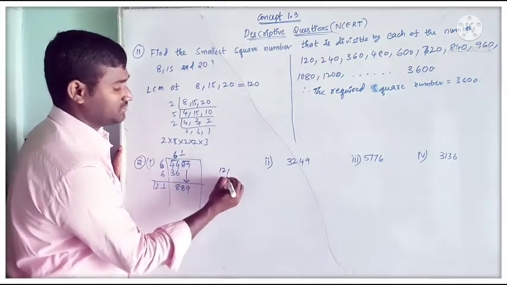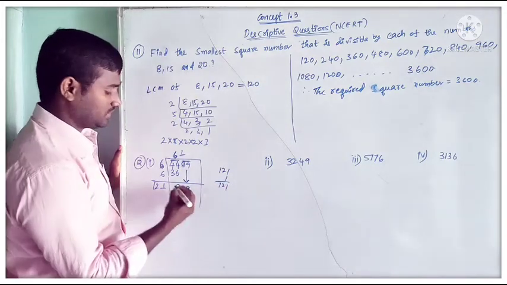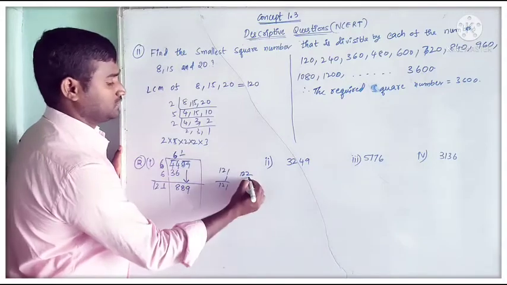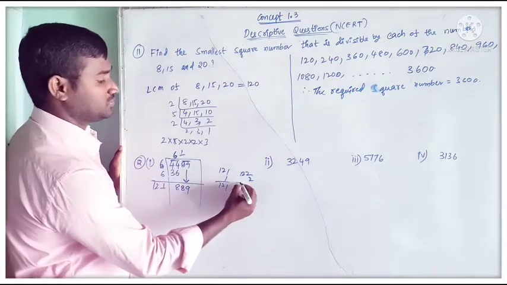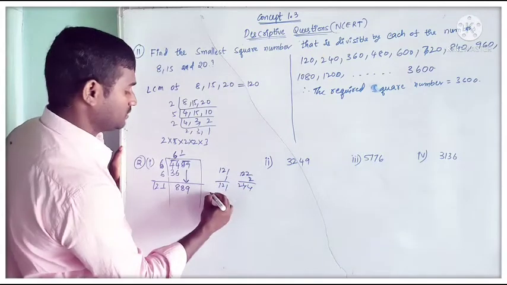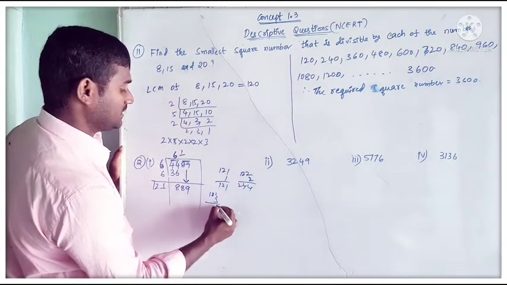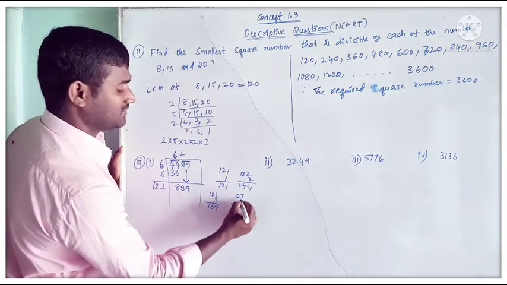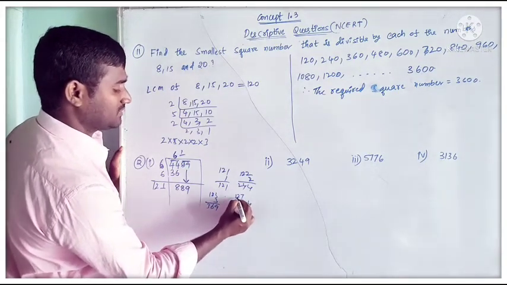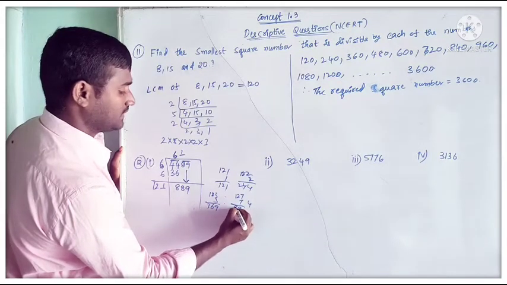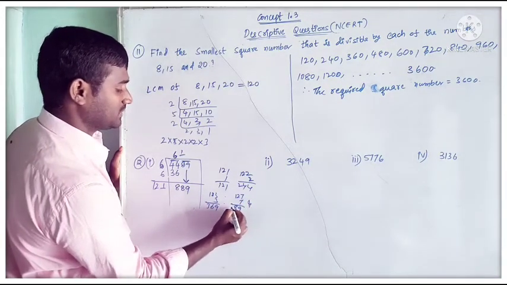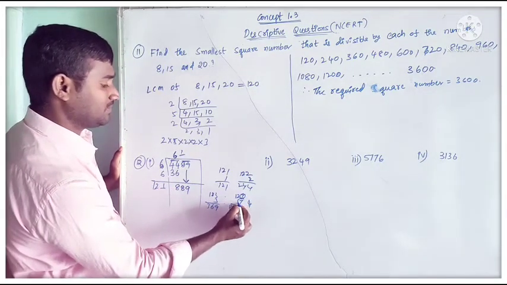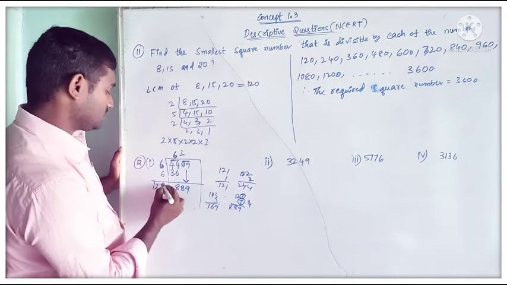Suppose we write 1: 121 into 1 is 121. If we write 2: 122 into 2 is 244. Then 123 into 3 is 369. If you check 127 into 7: 7 sevens are 49, 7 twos are 14, 14 plus 4 is 18, 7 ones are 7, 7 plus 1 is 8. So we get 889.